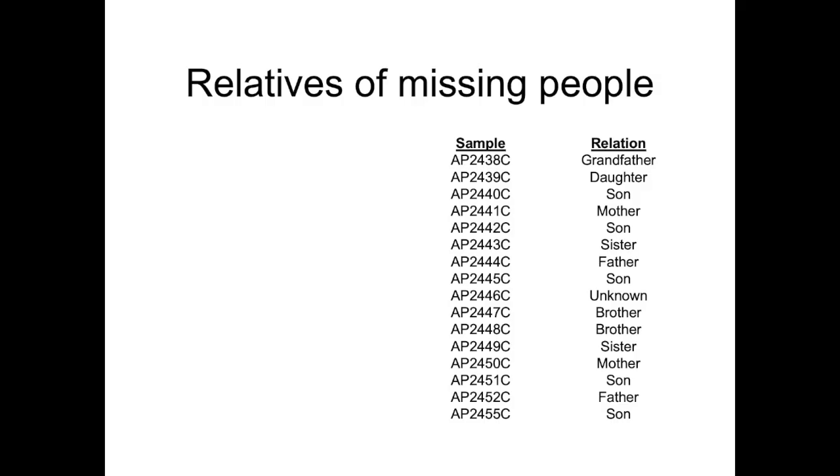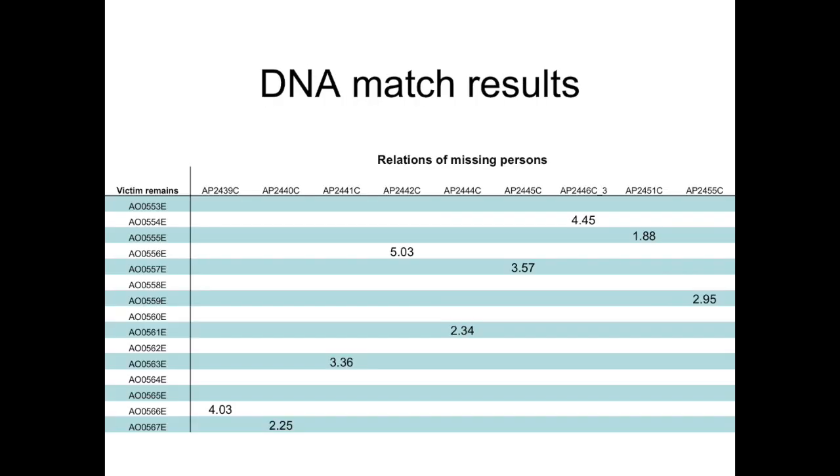And so now we have evidence with probability, we have the remains. And so in the database, we have these family reconstructed genotypes up to probability. We have the remains. The database automatically matches them. And then we end up with these match results. The rows are the different victim remains.